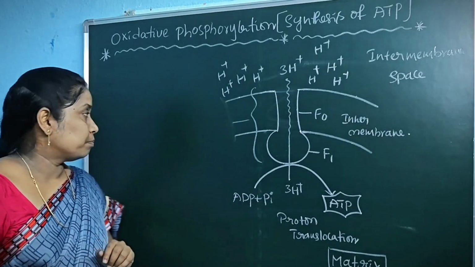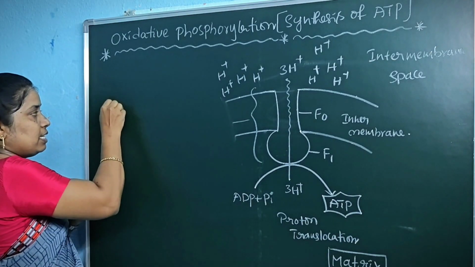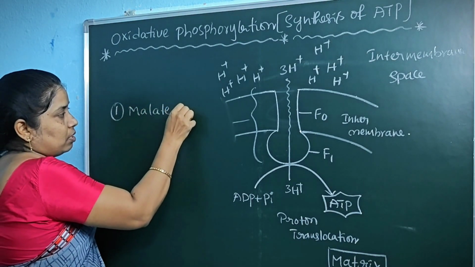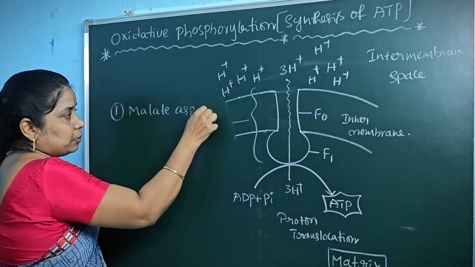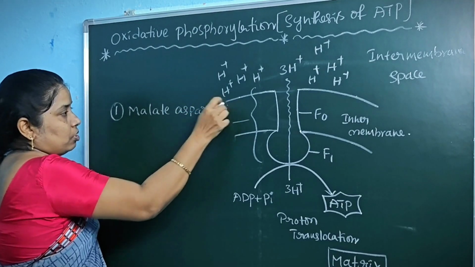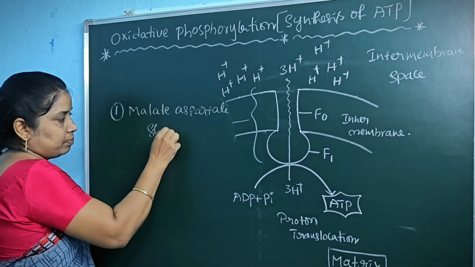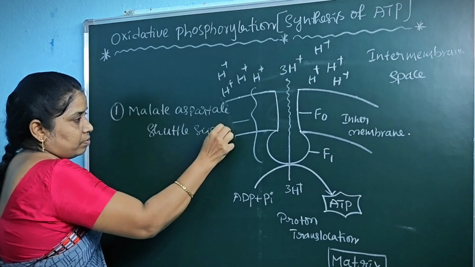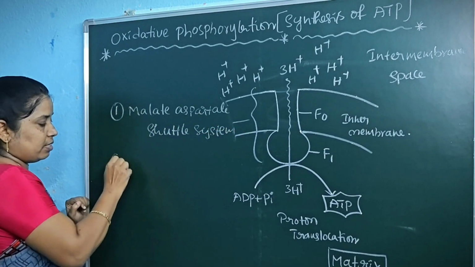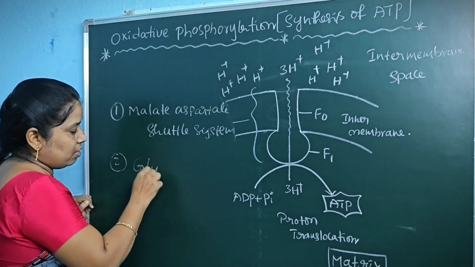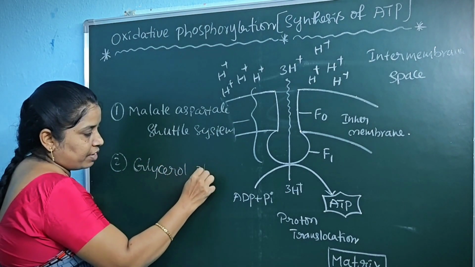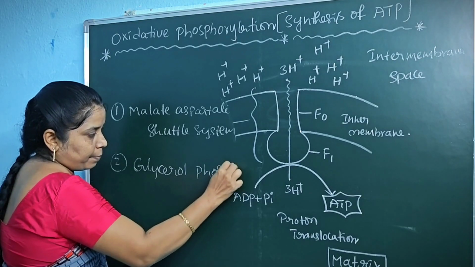The first one is the malate aspartate shuttle system. The second one is the glycerol phosphate shuttle system.